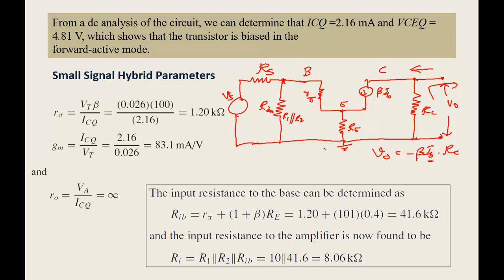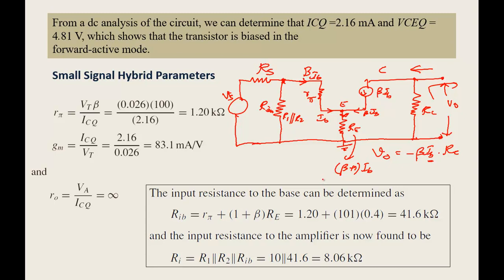That is the reason I am writing it as IB, because the current flowing at the input side is basically IB. This is R pi. Now what is the current flowing through RE? Basically this current plus this current: this is IB and this is beta IB. So the current flowing through RE is beta plus 1 IB.